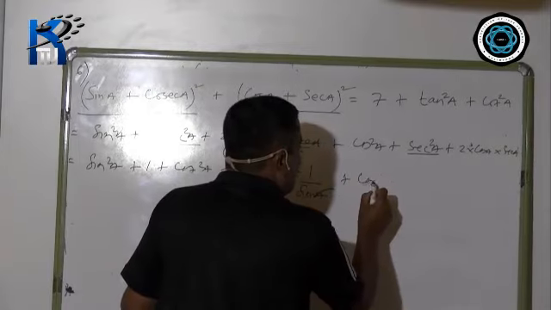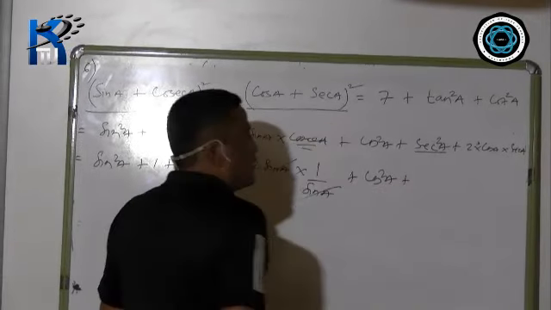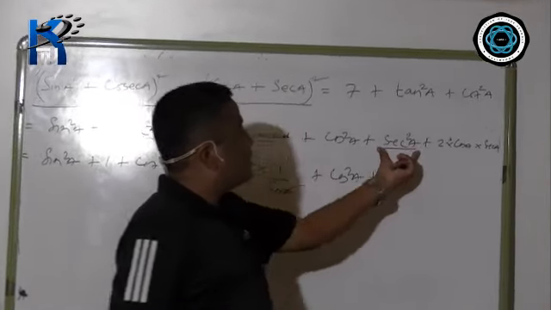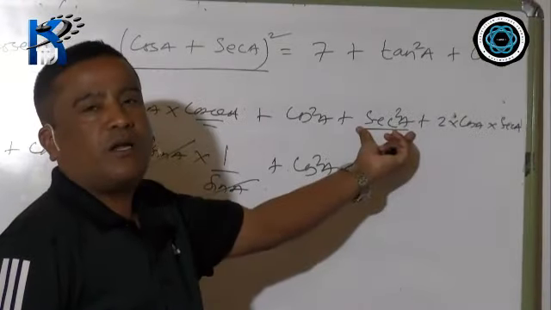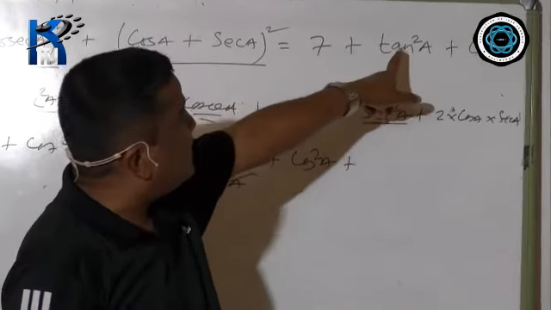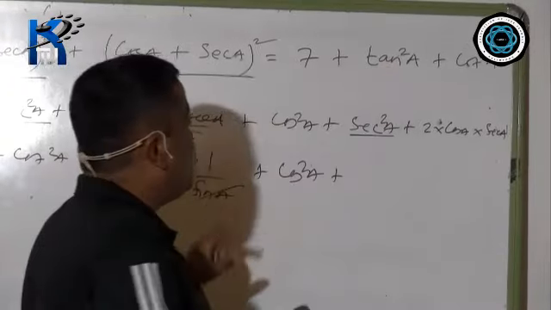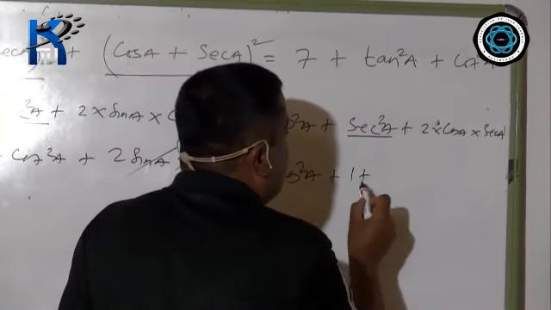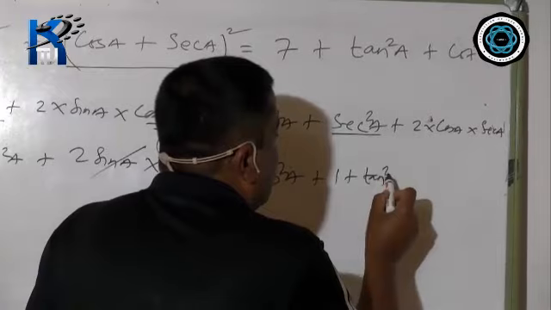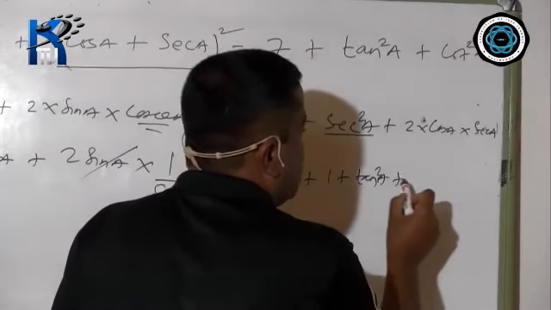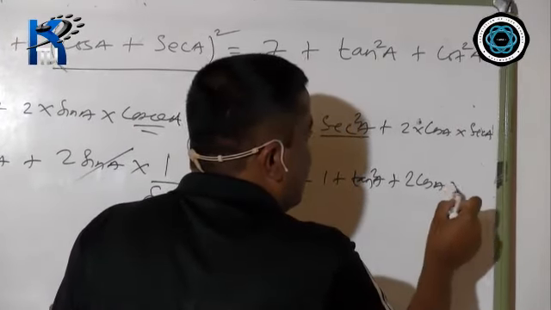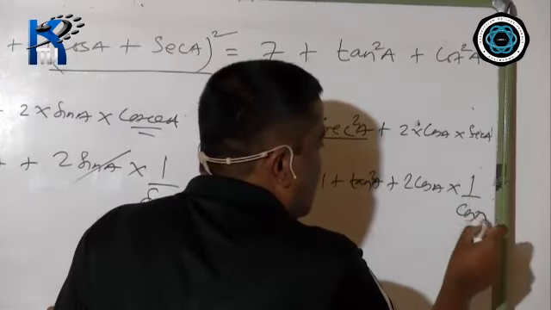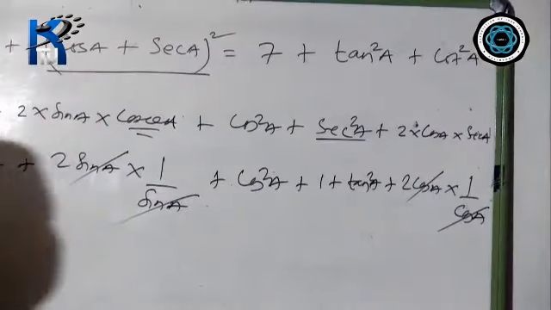Similarly, cos square A plus, again same goes here. Instead of sec square A, if you write 1 by cos square A, you will not get the answer, because in the right hand side it is tan square A. So you have to write 1 plus tan square A plus 2 cos A into 1 by cos A. These two will get cancelled.